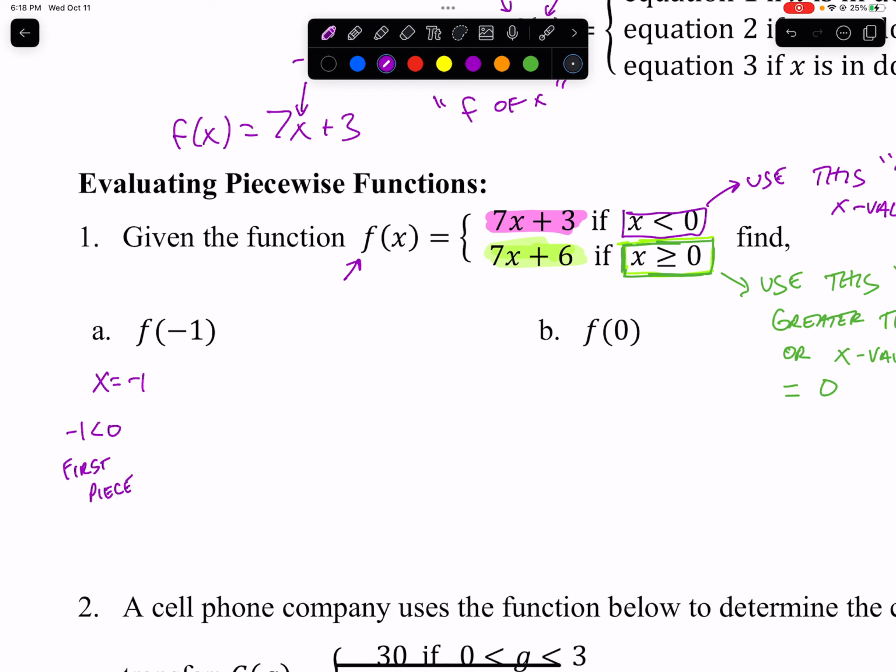Because this x value, -1, that I'm plugging in for x, fits this inequality. -1 is less than 0, so that means we refer to the purple piece. So I plug -1 in for x in the purple piece. So I get -7 plus 3. -7 plus 3 is -4. All right, so that's the answer for that.